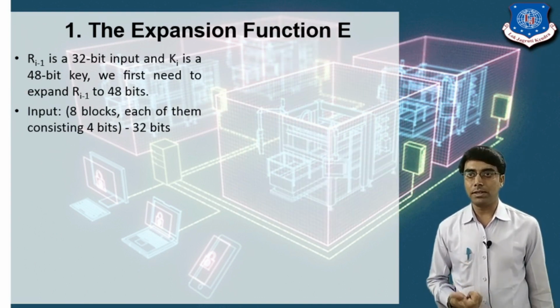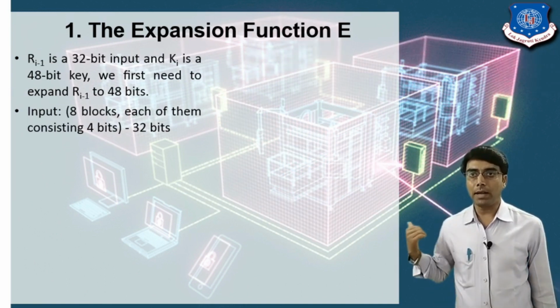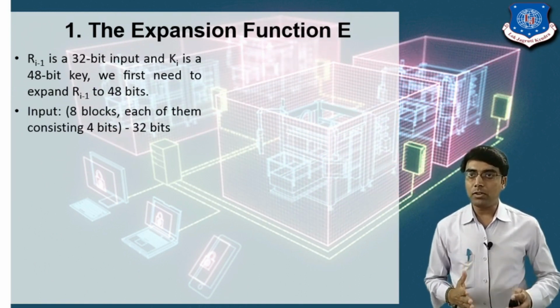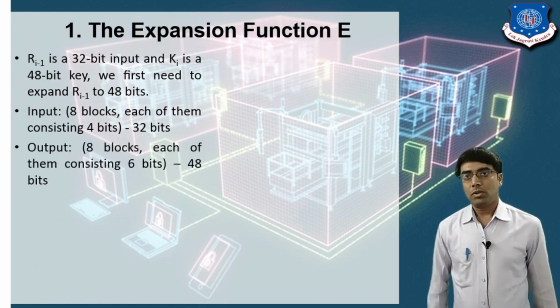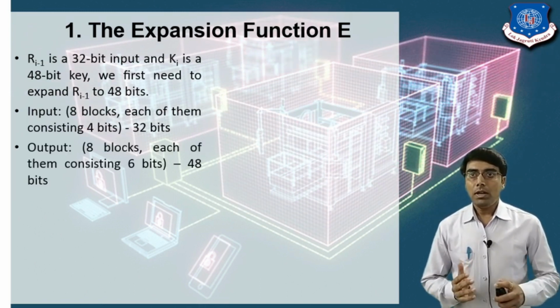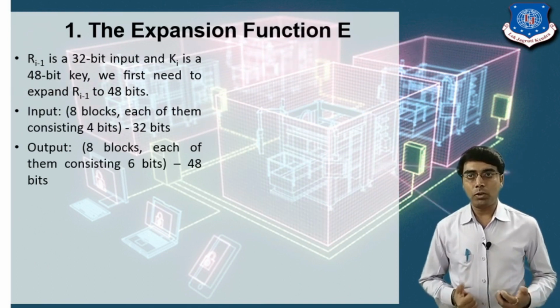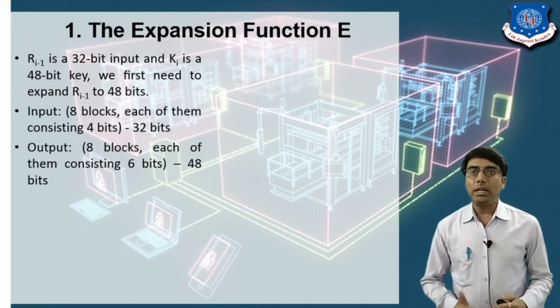Now you consider the 32-bit right plain text as the input, and the output is 48-bit.